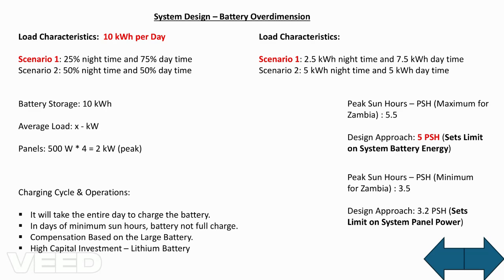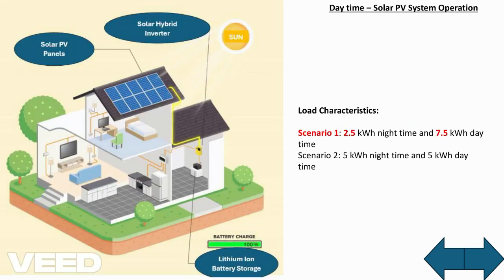So what we are actually saying is that when you have such a system, the commissioning aspect of it is that you are supposed to commission after a full charge. So when we look at the day with 100%, it means we'll use 7.5.